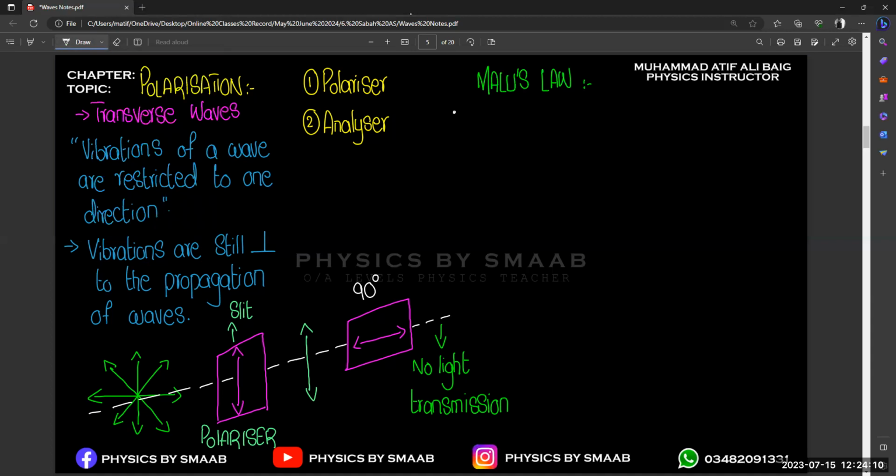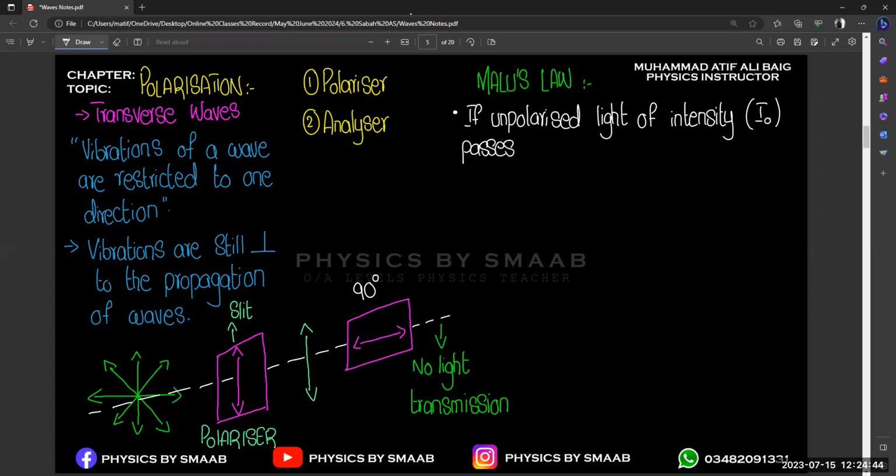The condition is like this: let's suppose unpolarized light of intensity equal to I naught passes through a polarizer.